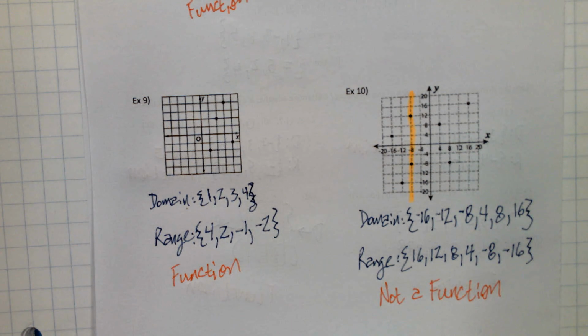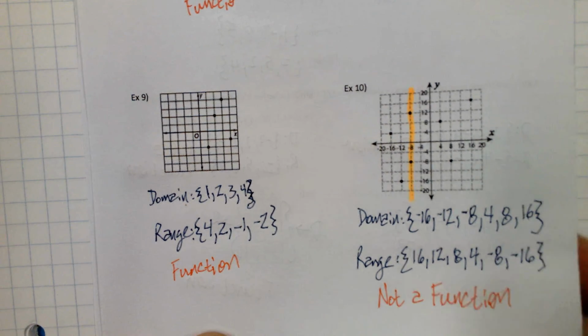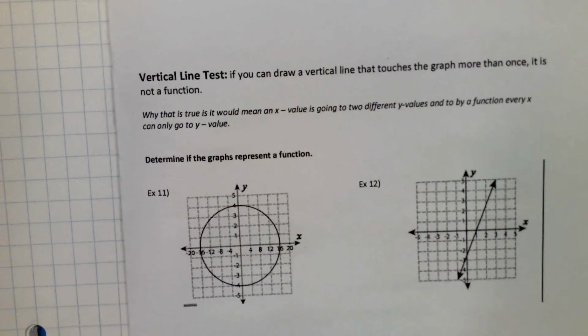Okay? Go ahead and turn the page over. And when we have regular continuous graphs, yes. If the vertical line touches 2 or more points, it's not a function. Absolutely. Okay, turn the page to the last part.